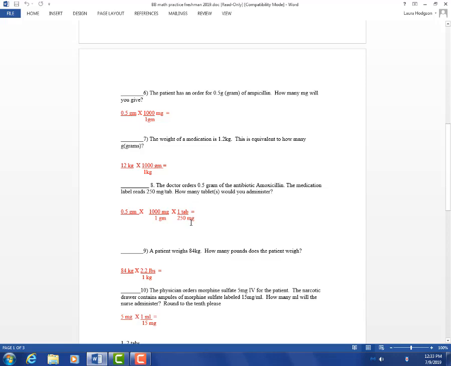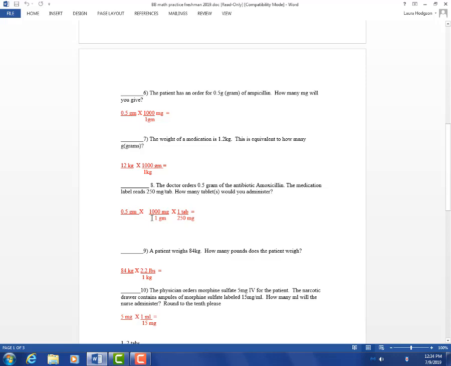So with this question, which you should always be looking at, is there a conversion? Do I need one? Is there a conversion that's needed? If whatever the healthcare provider ordered in grams and the medication label reads milligrams, there has to be a conversion that will sit in the middle. So you start with what the doctor ordered.